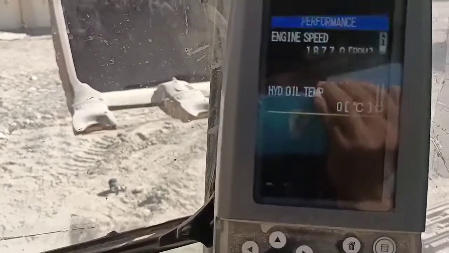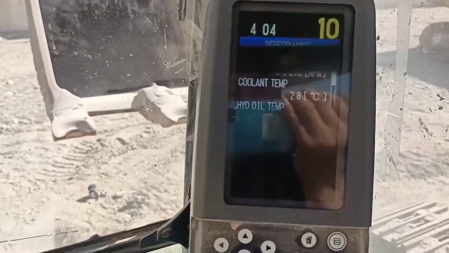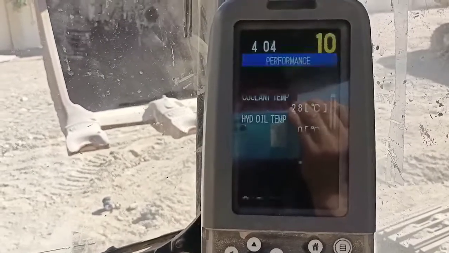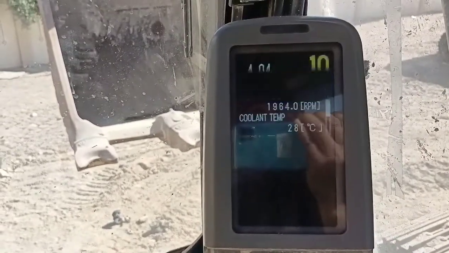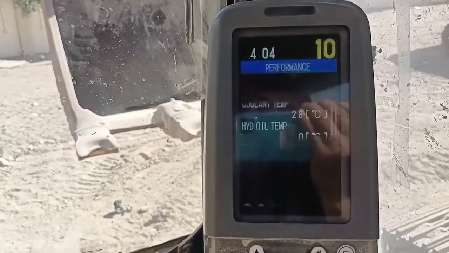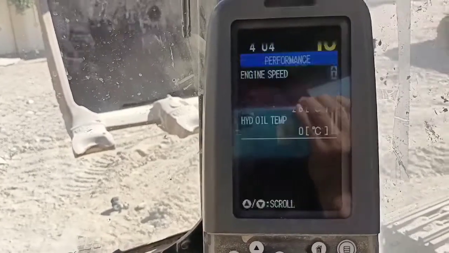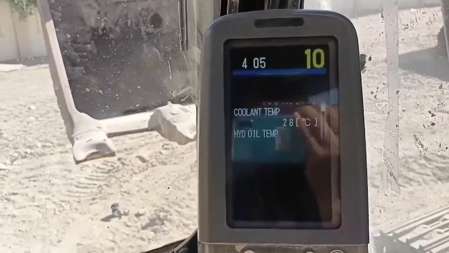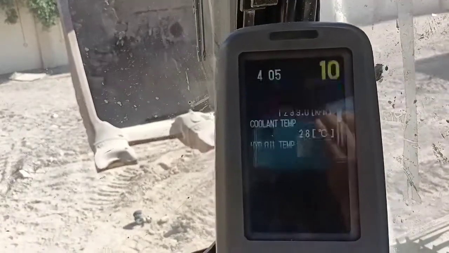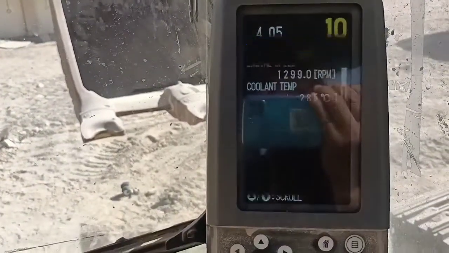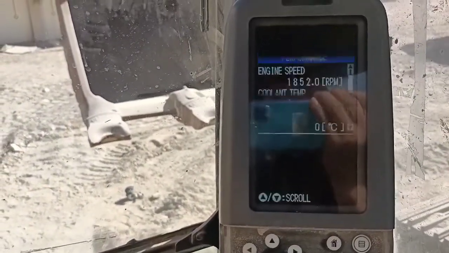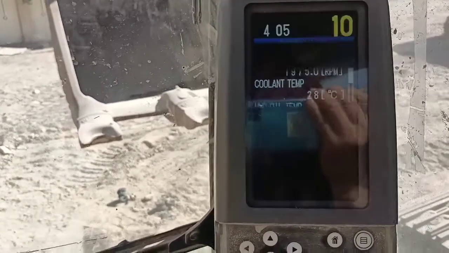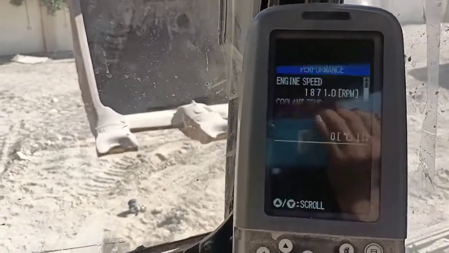As you can see, it drops a little, around 1,750 or 1,700. It is okay to operate the machine, but lower than that, meaning the engine is low power.